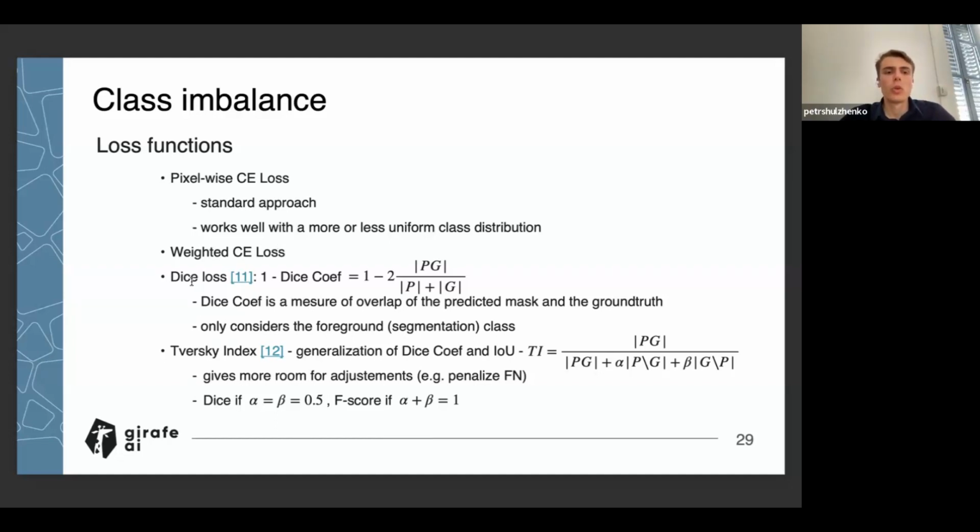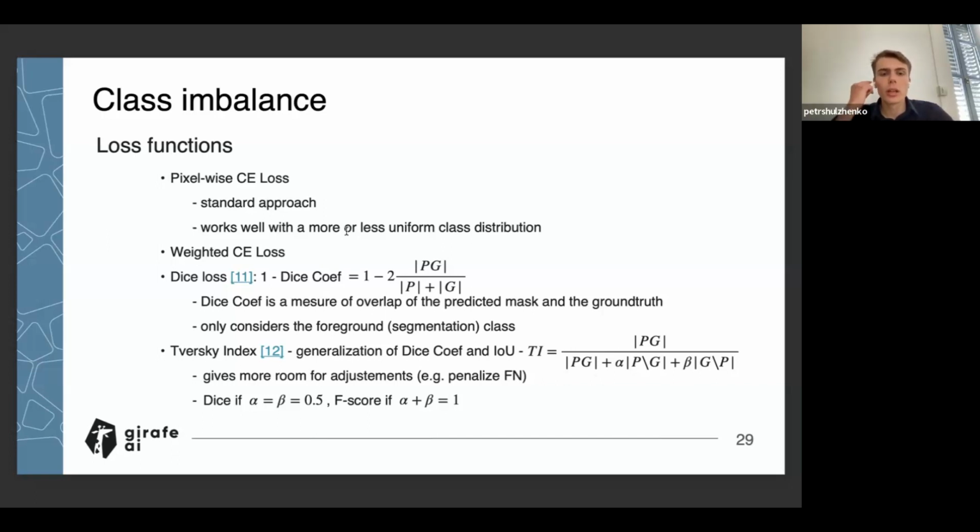Like you can use the dice coefficient. Yeah, so it's something like IoU. And as it considers only foreground objects, it can be dominated by background. Therefore, it doesn't have the same type of problem as pixel-wise cross entropy.